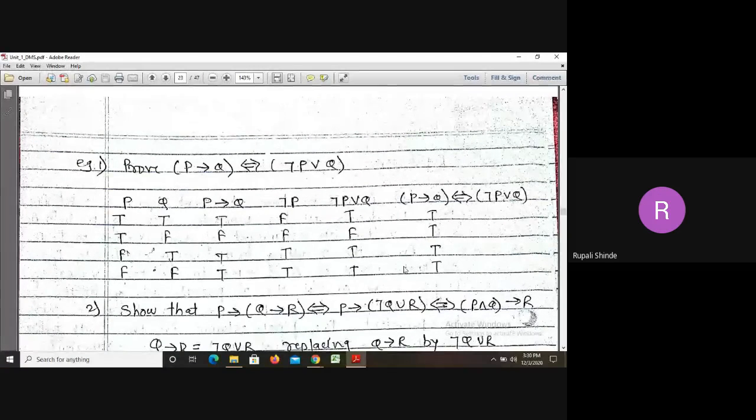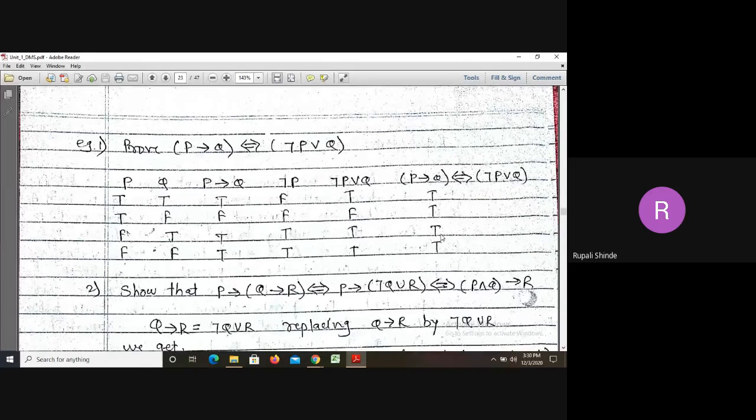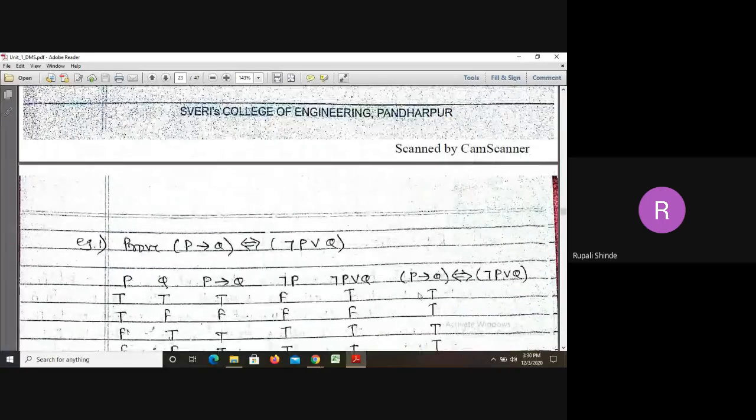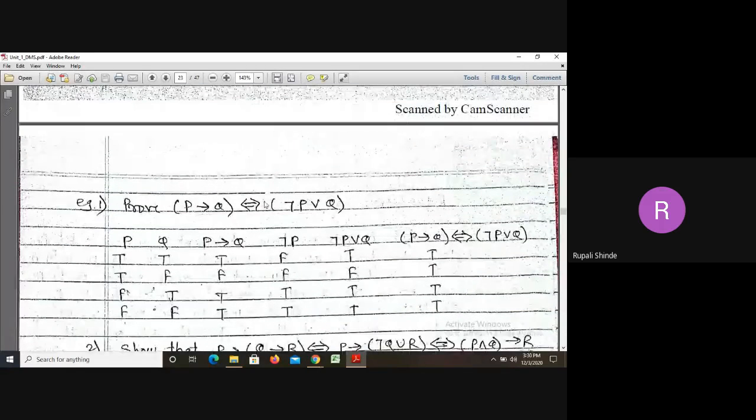That's why the last column contains all T values. These are equivalent formulas, because we proved that the biconditional between these two formulas is a tautology.